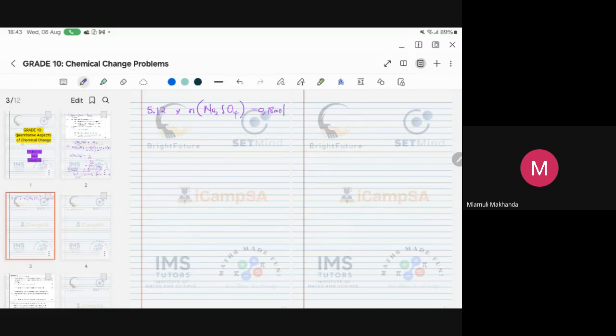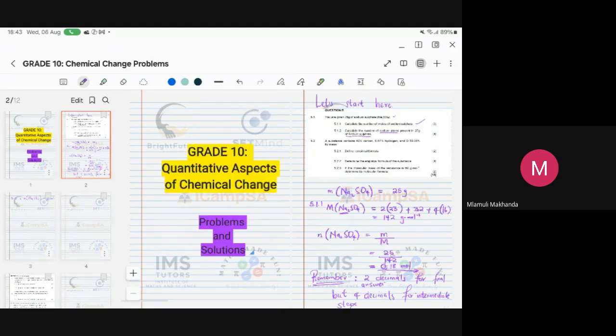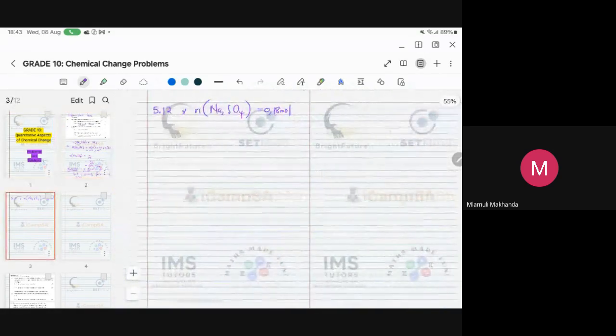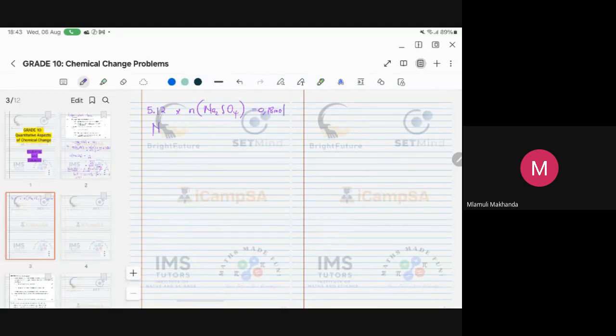Now, we want to find in this entire compound how many atoms, or rather, what they're saying here is how many atoms or particles of sodium are there in 25 grams of sodium sulfate. If you remember very well, we have this constant called Na, which is equal to 6.0 times 10 to the power 23. It's usually 6.02.